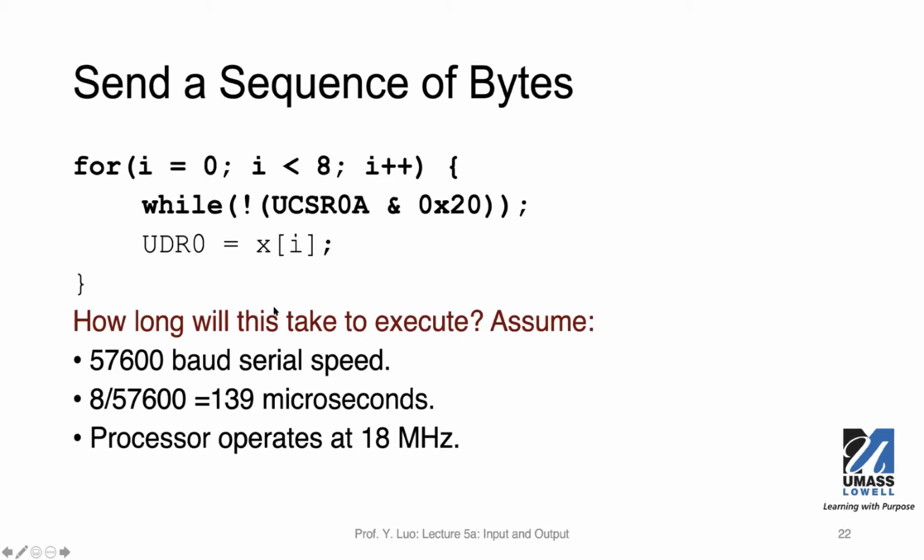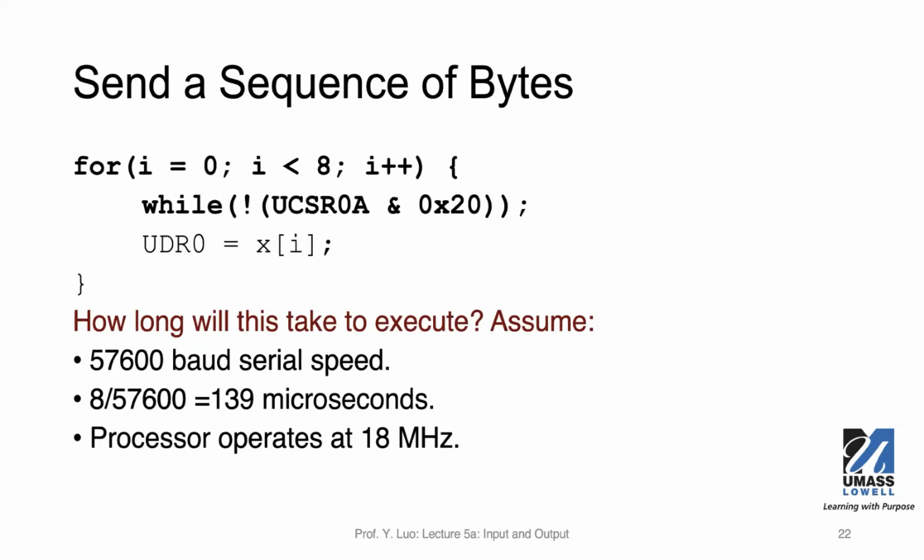So how long will this take to execute? If we assume the speed of the serial port is 57K, the baud rate is close to the bit rate when we have this serial port transfer, 0s and 1s, because we only have 2 values here.